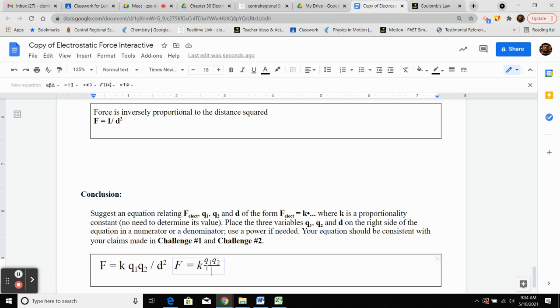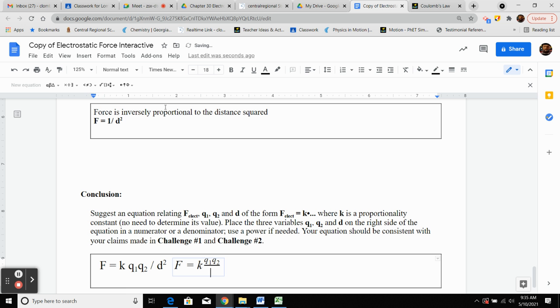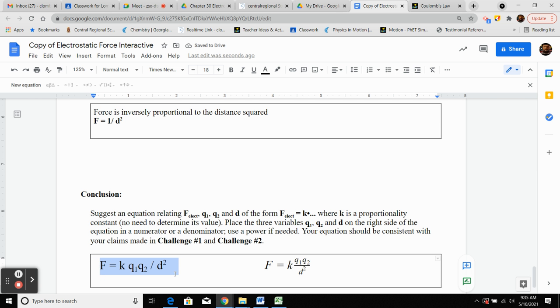Insert and then formula? Whoa. You guys don't need to write this equation. I'm doing this because I just think it is better for y'all to see it like this. So this, however you write it, is what it would look like. K is a value that will be given to you guys. The charges are whatever you're given, multiply them together, and then divide it by the distance that separates their centers squared.